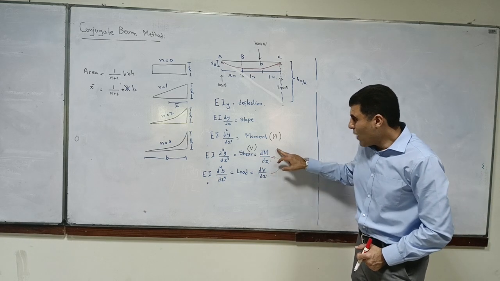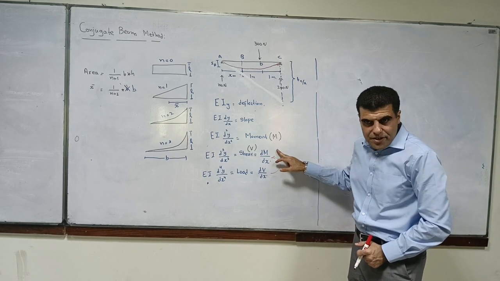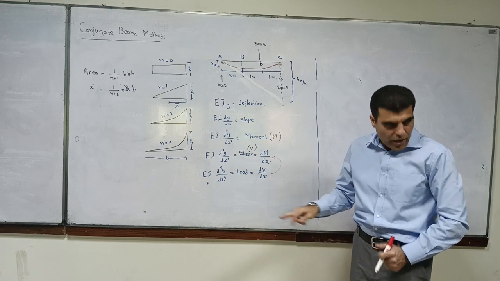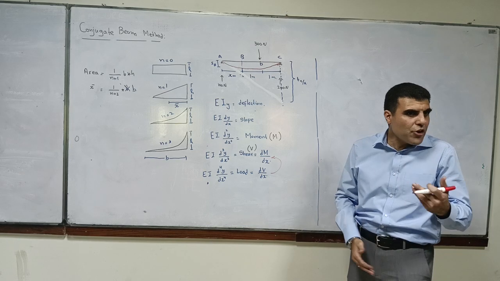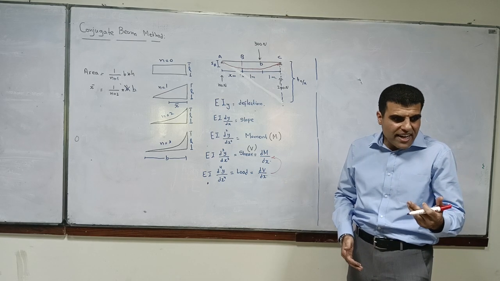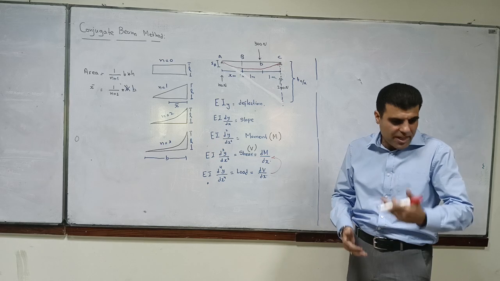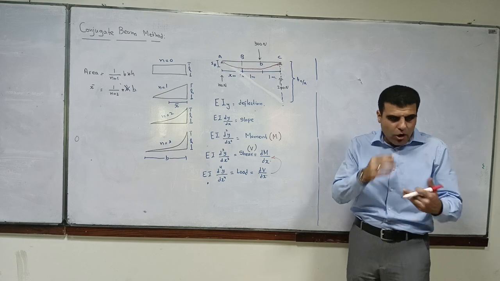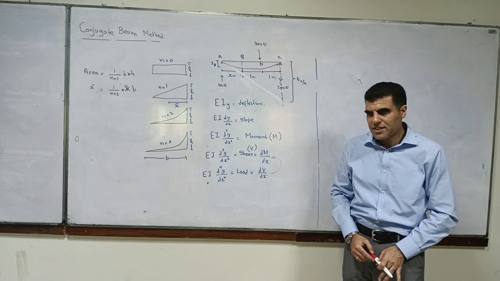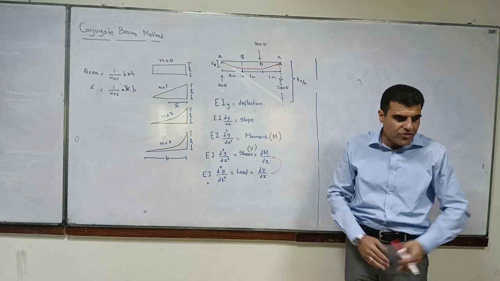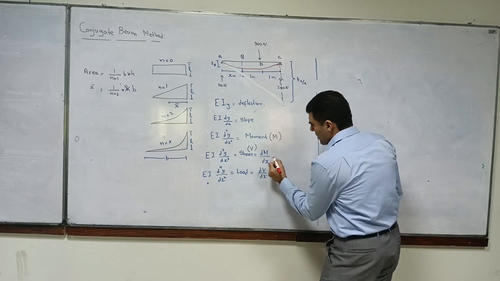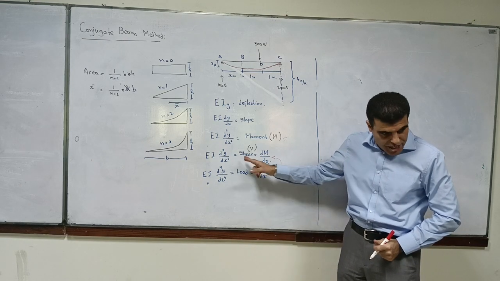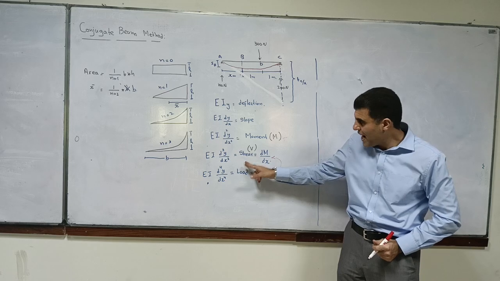Now, once I find out my shear, from shear I can find the moment. What is moment? It is the summation of the moment caused by all the forces towards the left at a particular point of interest. So these three are connected: from load you find out shear, and you find out moment.